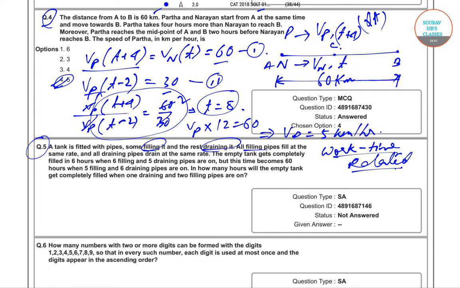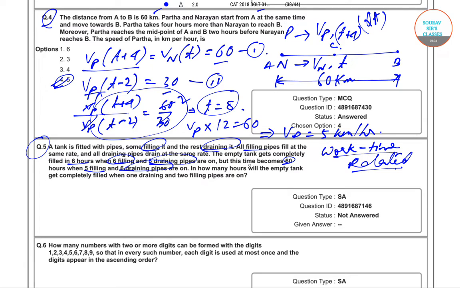We have an empty tank, and if we use 6 filling pipes and 5 draining pipes, then that entire empty tank is filled in 6 hours. In another condition, 5 filling pipes and 6 draining pipes are used, and the number of hours it took was 60 hours.